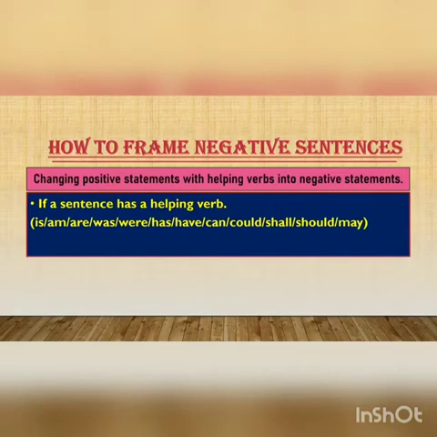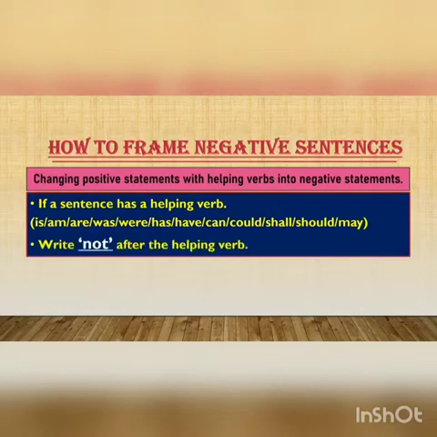For example, is, am, are, was, were, has, have, can, could, shall, should, may, might, all these are helping verbs, and there are many more. You just have to find the helping verb in the sentence and write not after it, and your sentence will be changed into negative.